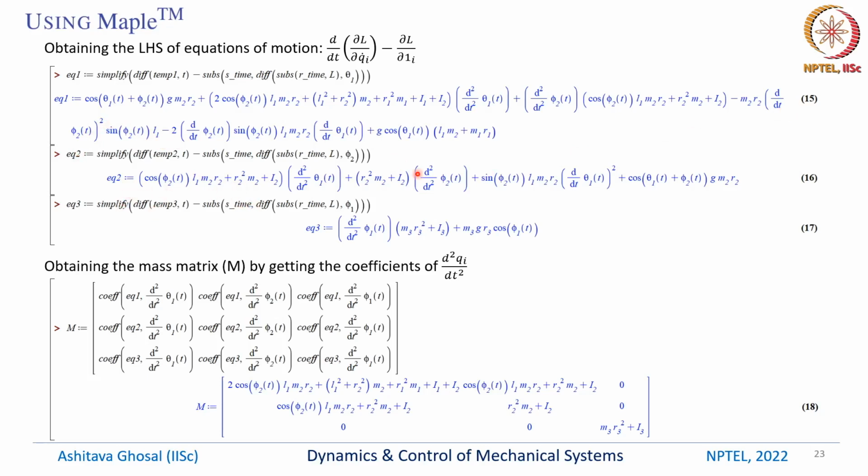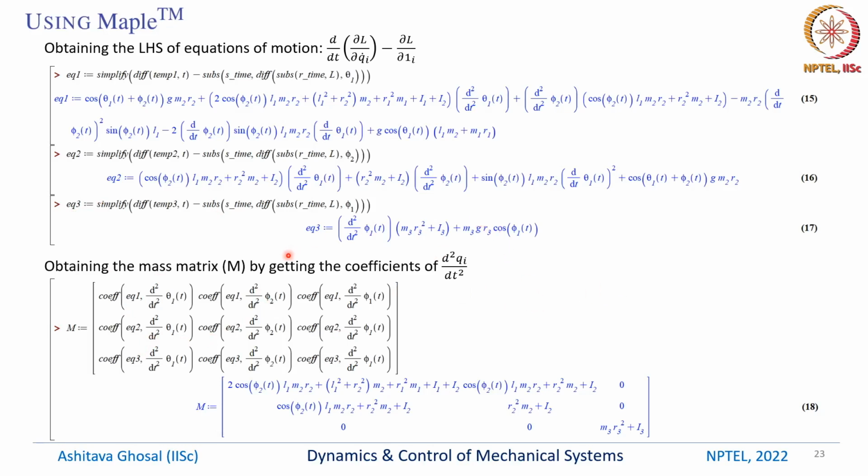Likewise for equation 2, we have theta 1 double dot plus phi 2 double dot, plus the Coriolis term theta 1 dot square, and of course the gravity terms. Once we have these three equations, this is nothing but the left hand side. We will later equate it to the external torques, but before we do that, we can collect the terms in the mass matrix.